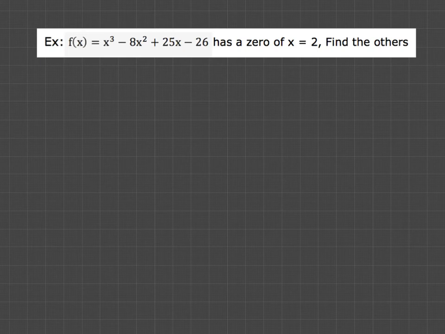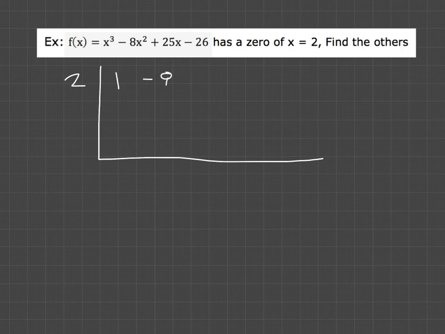Okay, here's another example. I would suggest you give this one a try on your own and then restart the video and see if you match up with what the video shows. So we're wanting to find the other zeros given that 2 is a 0. So set up our synthetic division, plug in those coefficients, and now run through the synthetic division.